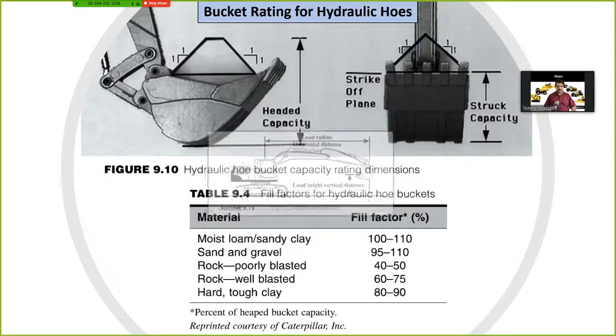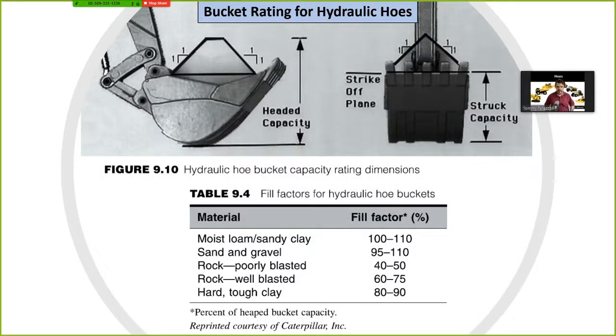Based on that, we have this table that shows what percentage of the bucket could be used. You might ask why it can go above 100%. That's because you can have it in heaped capacity where the bucket is totally full and there is extra dirt or soil on top of that, so it is heaped.